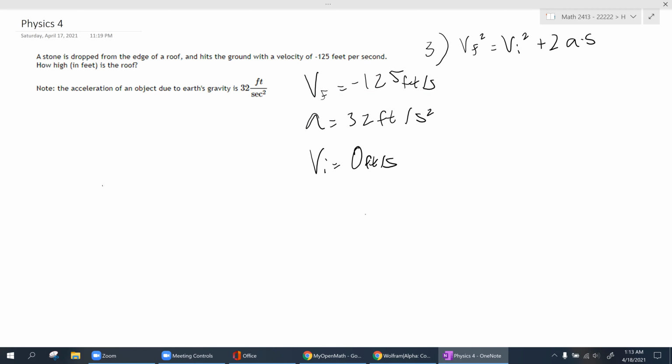You're asked for position, so solve it with our third kinematic equation. Plugging everything in, negative 125 squared is equal to my initial velocity, which is 0 squared, plus 2 times 32 times s.